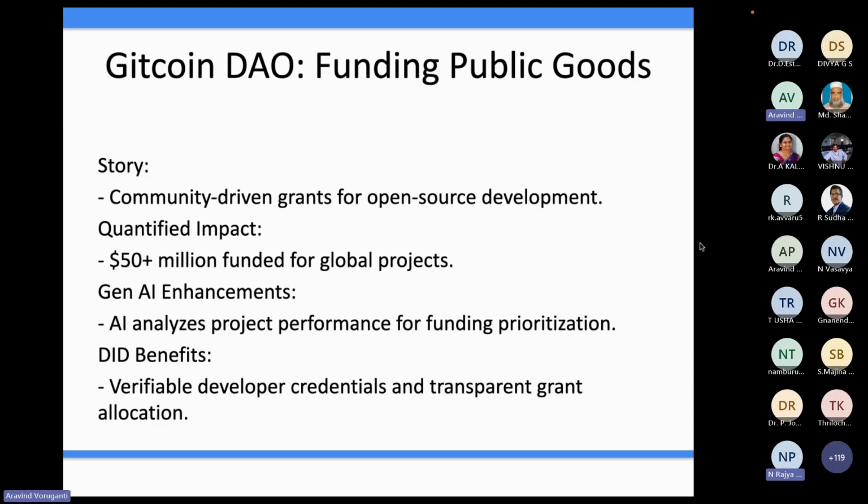So in that context, and GenAI, what can GenAI do in Gitcoin DAO, for example? It can analyze the project performance for funding prioritization, because there will be a lot of project proposals coming in day in, day out. So it is practically impossible for all the users in that DAO to go through proposals, come to consensus, send reminders and follow-ups for voting.